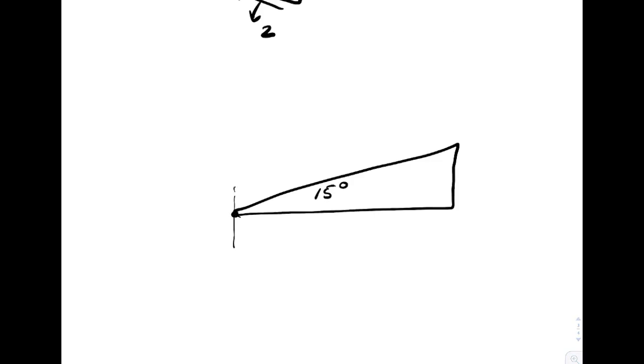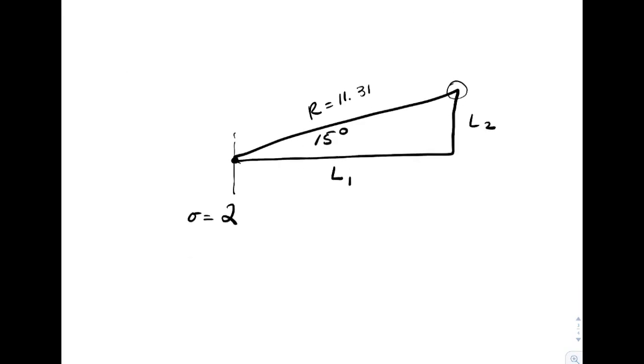Again, this is on a horizontal axis, so that's sitting at sigma equal to 2. I know that R is still 11.31. And what we want is the location of that point right there, so we need perhaps an L1 and an L2.